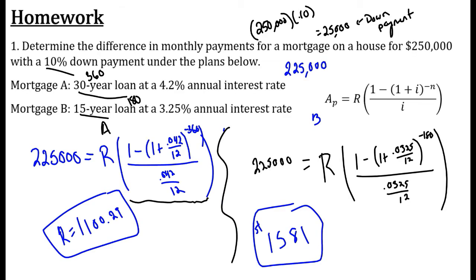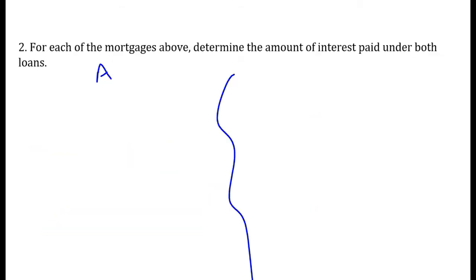For each of the mortgages above, determine how much interest was paid under both. So for mortgage A, my monthly payments were $1,100.29, and I paid that 360 times. So how much money am I giving the bank?